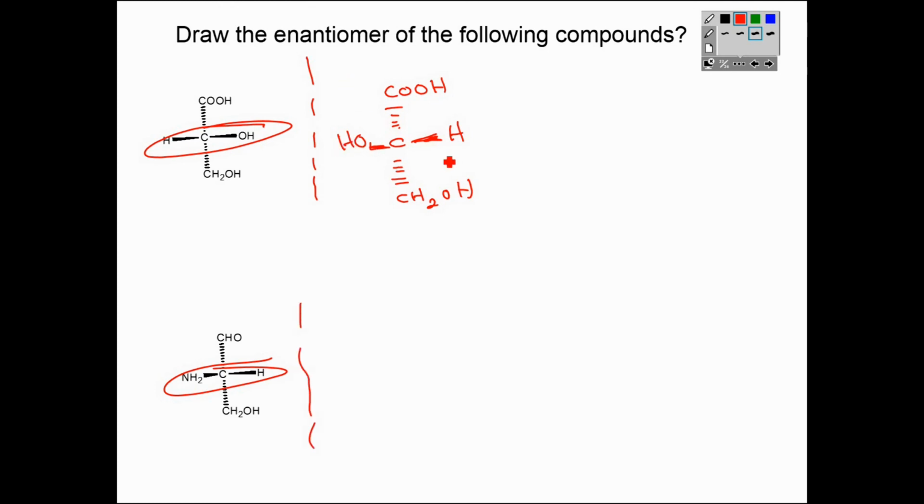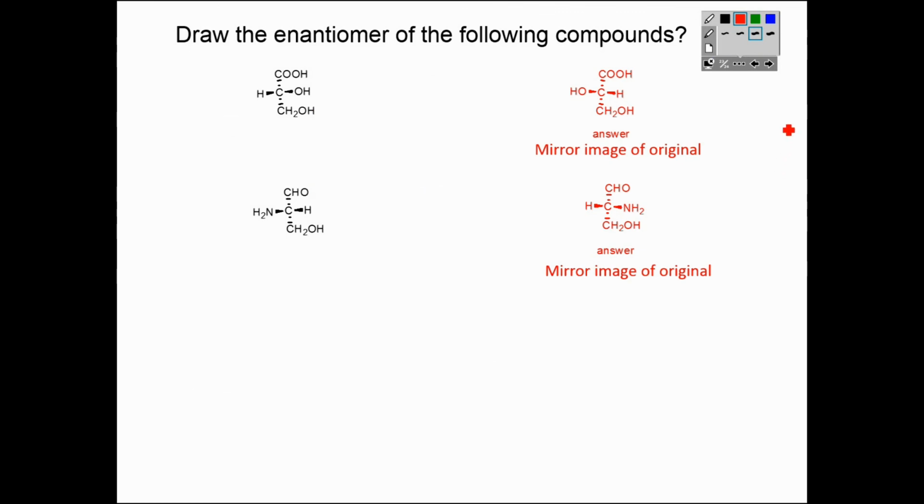Same thing for here, I just reflect my stuff. Assume there's a mirror in the middle of the 2 molecules. That's what you're going to see. Very easy. So these 2 are enantiomers of these 2 molecules. Okay, I told you, just draw mirror images.